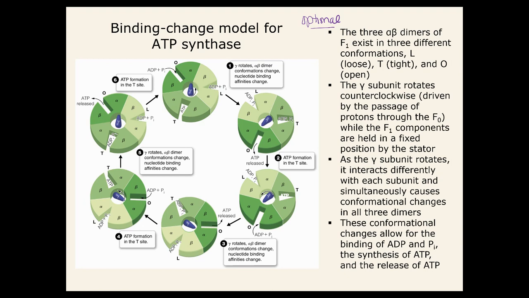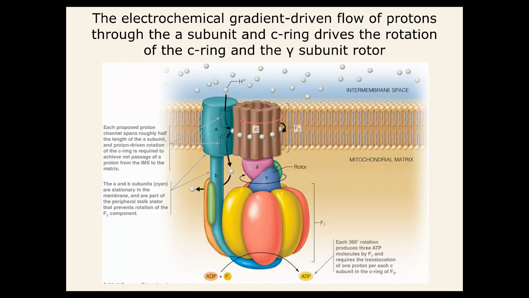I do like this last sentence here. Conformational changes allow for the binding of ADP and phosphate to form ATP. Okay, so you see that in this case, the electrochemical gradient, the flow of protons, so H plus. Now, in all our other pictures, the inner membrane was on the bottom side of the slide, so this is flipped up.